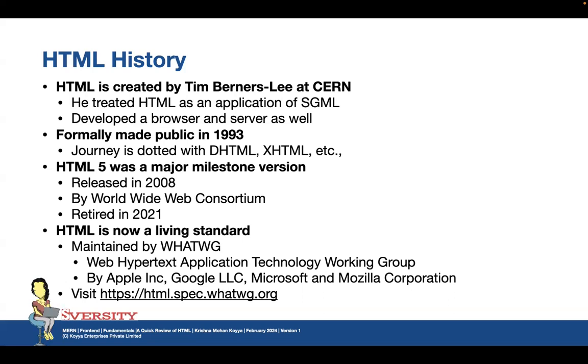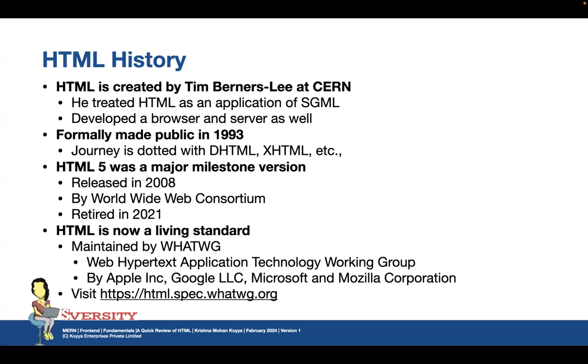The fifth version of HTML was released at that time by the World Wide Web Consortium, W3C. Even though it is a major milestone and it is still being used very popularly, it was actually retired in 2021.